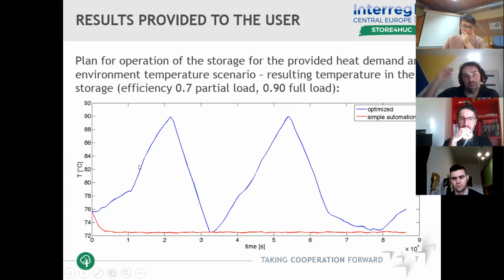And considering that we have a 15 degrees temperature difference from top to bottom, and that T is a mean temperature in the storage, then you would have to add 7.5 degrees to this middle temperature.